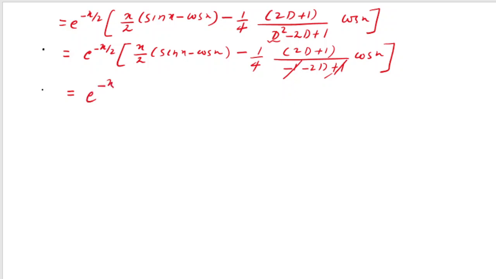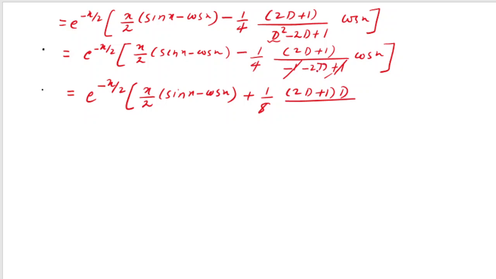I will get e to the power minus x by 2, x by 2 into sine x minus cos x, and minus 1 by 4 and plus this minus 2, it will become plus 1 by 8, and I can write it 2D plus 1 into D divided by D square. I multiplied by, or operated, D on both numerator and denominator.